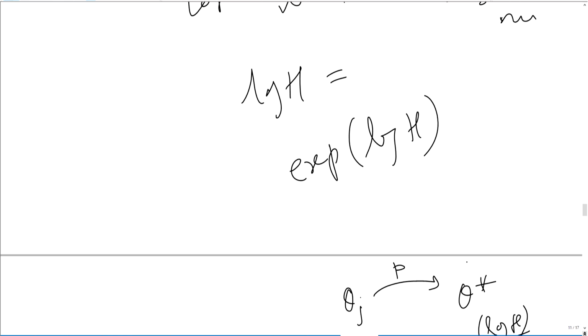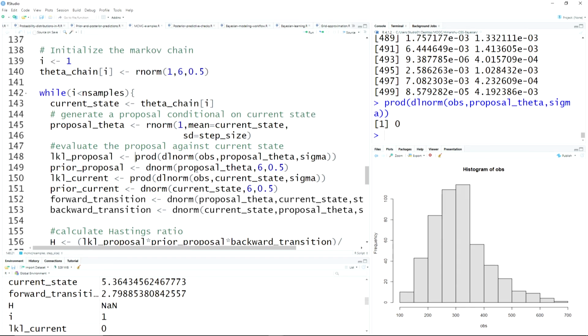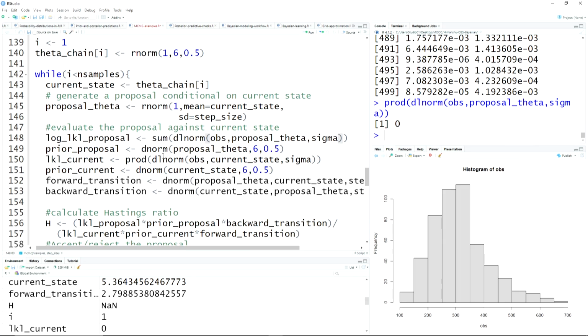So, let us implement this in R. The change that we need to make here is this. Rather than calculating the product of likelihoods, we are going to calculate the log likelihood of the proposal. So, let me write it that way. The log likelihood of the proposal would be the summation of these likelihoods, but it should be on log scale.